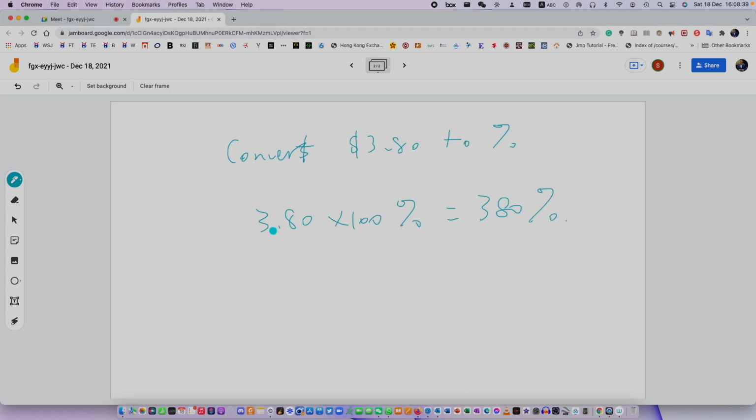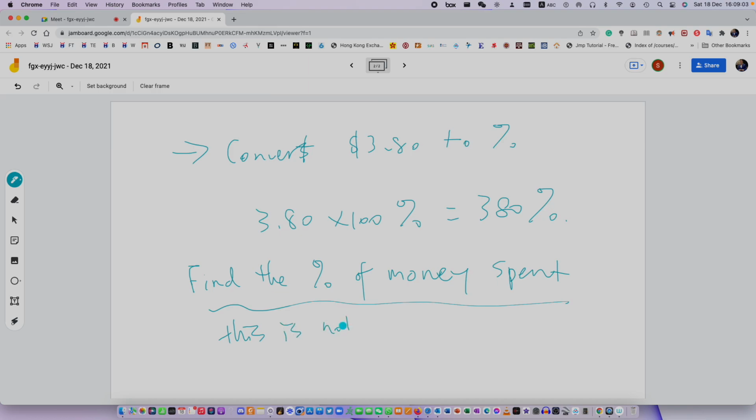This question is very direct. It's just convert. But the question just now is find the percentage of money spent. This question is not direct conversion.